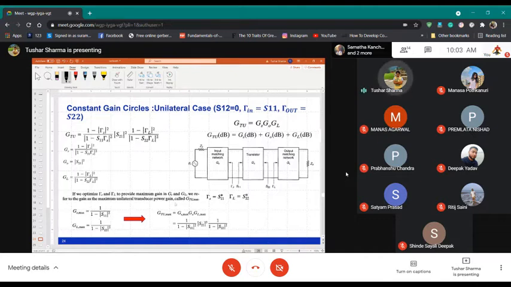So the maximum available gain possible out of the transistor is given by 1 over 1 minus |S11|², times |S21|², times 1 over 1 minus |S22|². When you are saying maximum gain possible of the transistor, you are assuming that your input and output are conjugately matched to S11 and S22, or you can say gamma in and gamma out.